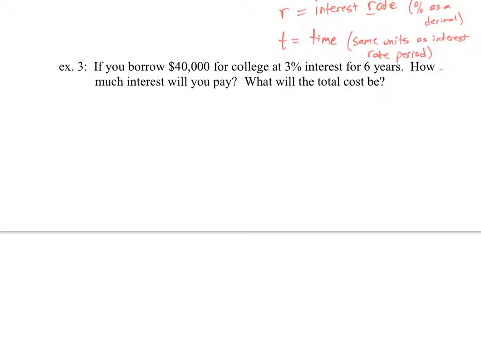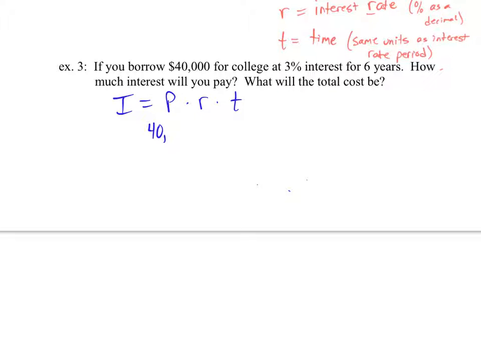So, number 3, if you borrow $40,000 for college at 3% interest for 6 years, how much interest will you pay? So I equals P times R times T. So 40,000 goes in for the P, yep.